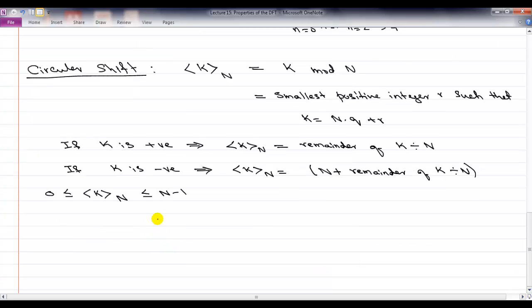Okay. So an example, a few examples. For example, minus 1 mod 3. If you divide minus 1 by 3, of course, you get the remainder as minus 1. But so what we'll do is n plus the remainder. So 3 minus 1 is 2.